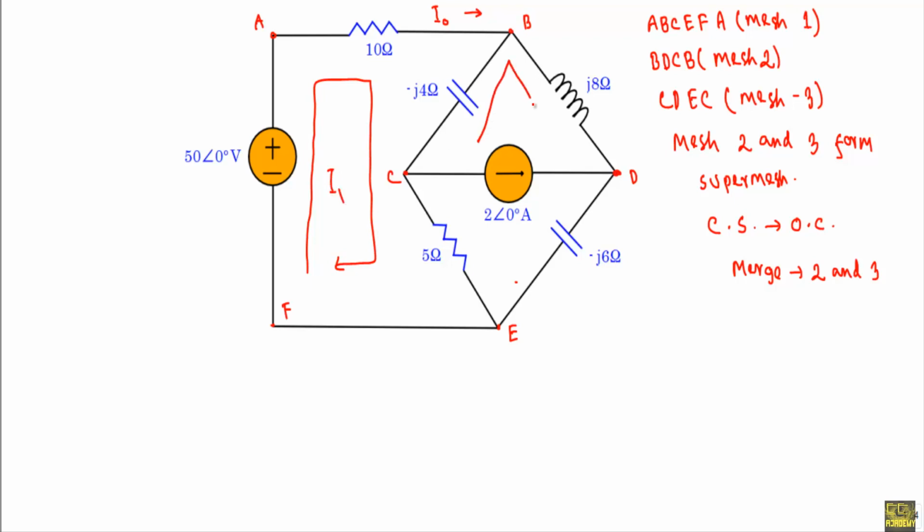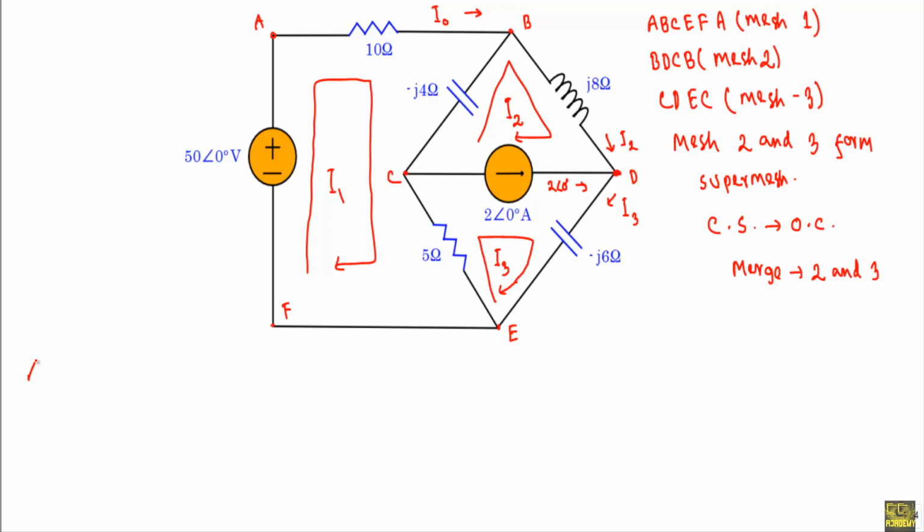In mesh 2 we have the mesh current I2, also clockwise, and mesh 3 has current I3, also clockwise. Now look at node D. In node D the current I2 is entering, I3 is outgoing. We have this 2 phase angle 0 degree current entering.